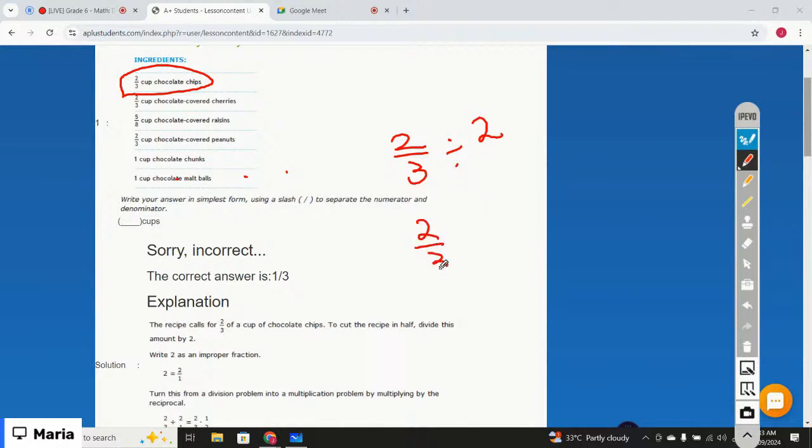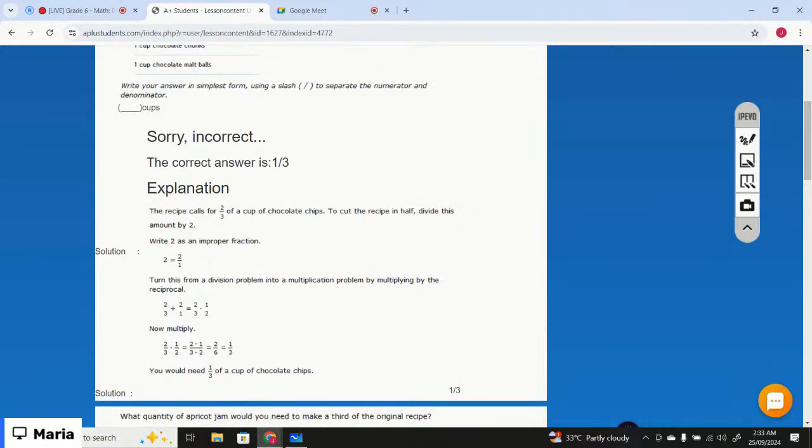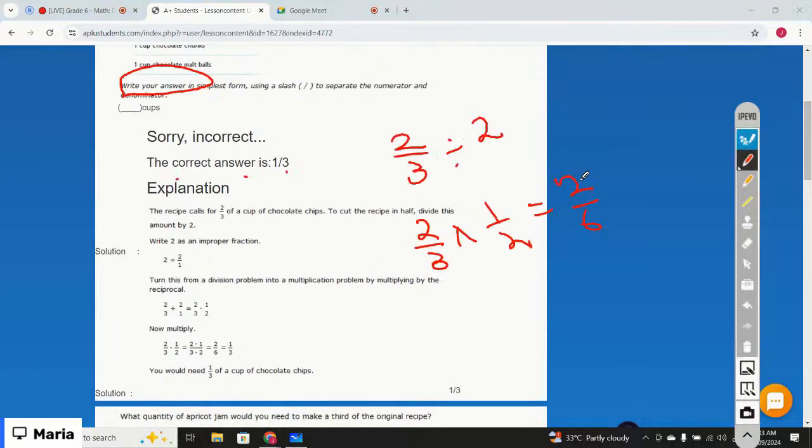So that is 2 by 3 multiplied by 1 over 2. That means 2 over 6. So you need to use 2 by 6th, or you can convert it into a fraction, that is 1 over 3.